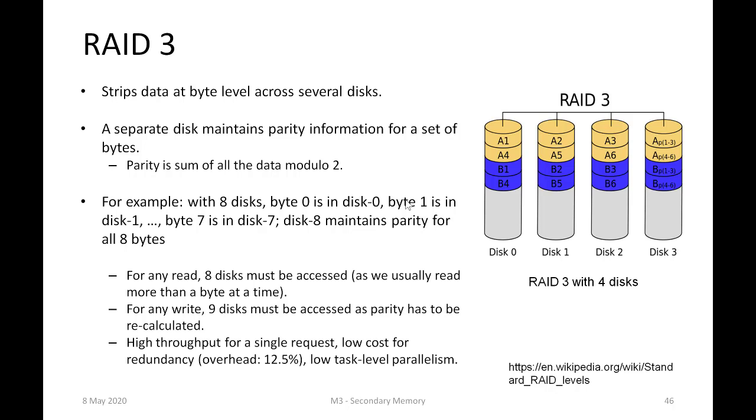So we can get multiple bytes of data in parallel. So the throughput is high for a single request, or we can say latency is good for a single request. But if we have multiple such requests, they need to be processed in sequence.